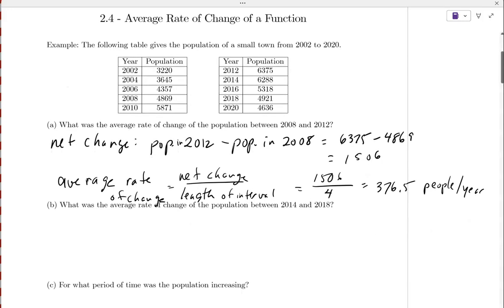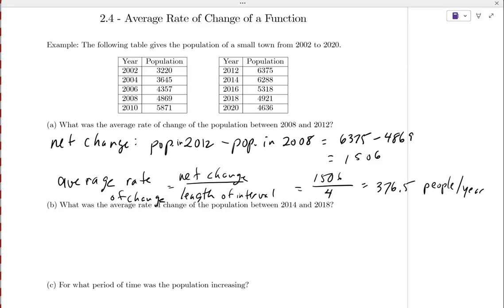So that's all we need to do for average rate of change of a function. We figure out how far you went, that's net change. We're going to divide it by how long it took, the length of the interval. So that's exactly what we did here. So it's just, like I said, an extension of what we do for net change.